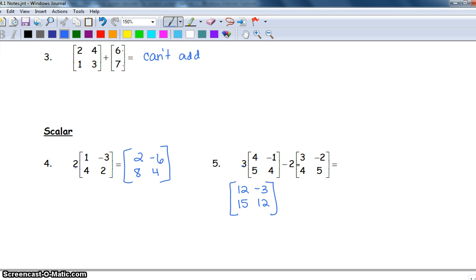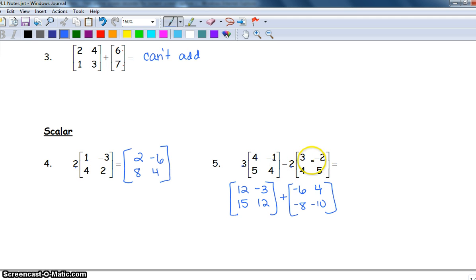And as we said before, when we subtract, I don't want to worry about that negative, so I'm going to distribute a negative 2 each time so I can change that into an addition sign. So a negative 2 times 3 gives us a negative 6. Negative 2 and a negative 2 make a positive 4. Negative 2 and 4 is a negative 8. Negative 2 and 5 is a negative 10.